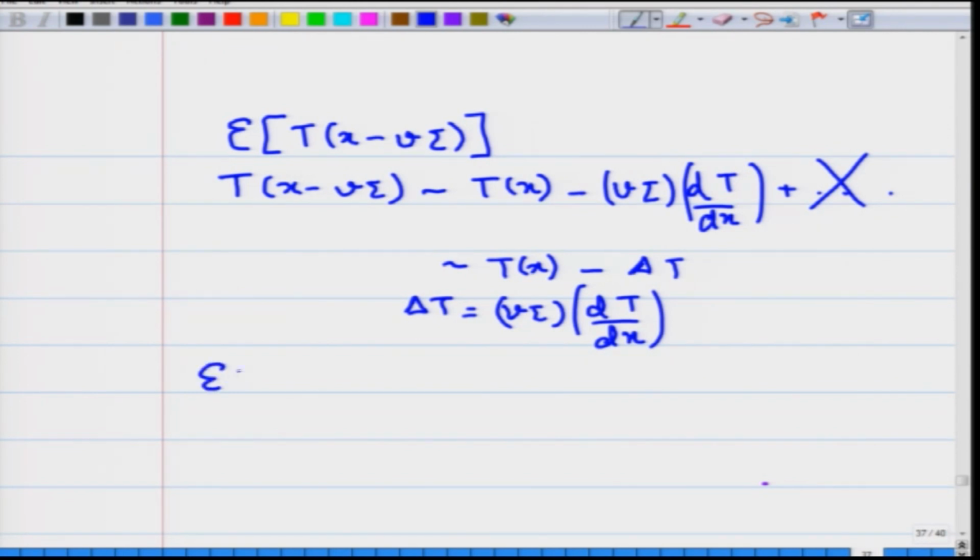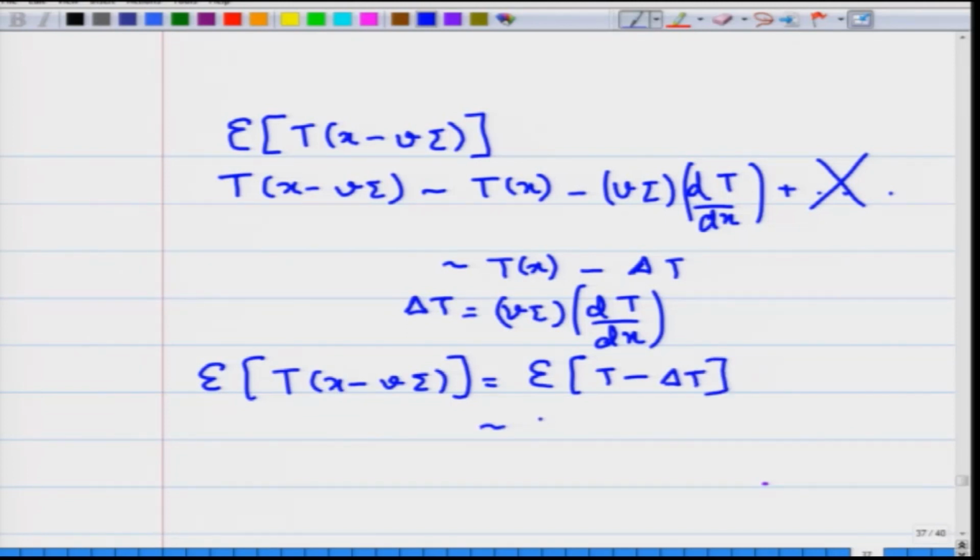And so, the energy at T(x minus V times tau) is nothing else but the energy at T minus delta T, and this again I can Taylor series expand: energy at point T minus delta T into dE by dT. Again this is a Taylor series expansion where I am going to neglect all the higher order corrections.